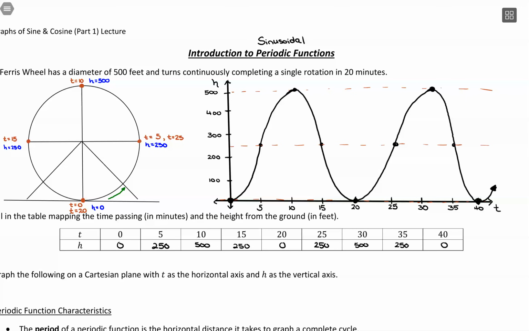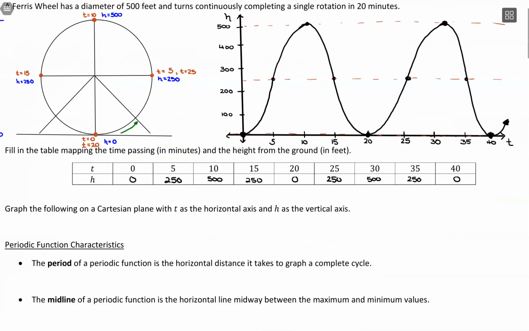So, let's talk about some terminology that's coming through here. The period of the graph. So the period is talking about this distance before it starts repeating. In terms of the circle, it's the idea of how long does it take to make a full revolution.